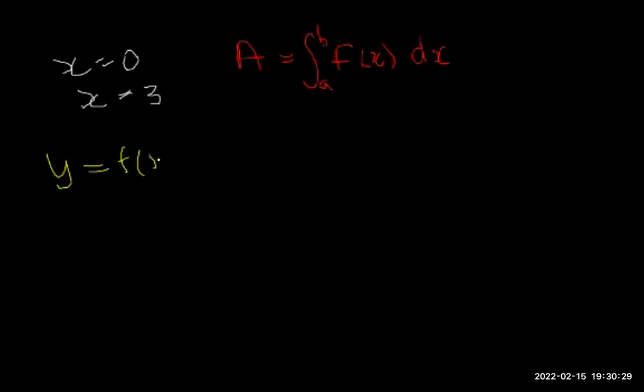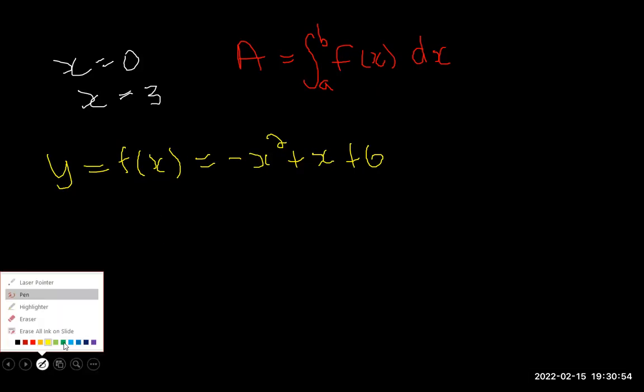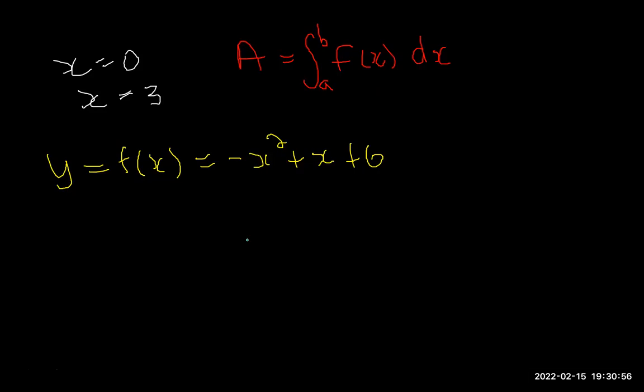So y is equal to f of x, and this is equal to minus x squared plus x plus 6. So now we have everything we need. We have the equation f of x, and we have our limits b and a. So all we need to do is apply our rules and find the area. Don't forget your units. Let's do that.